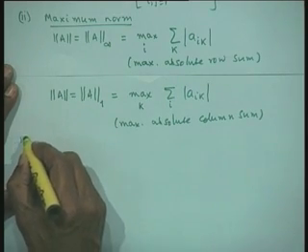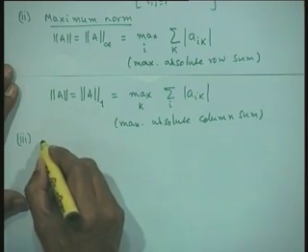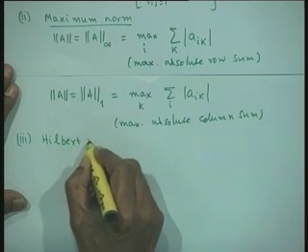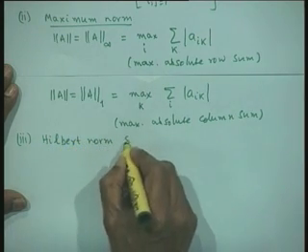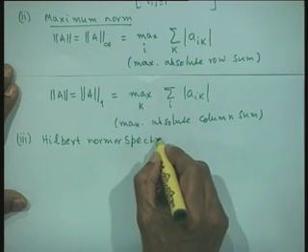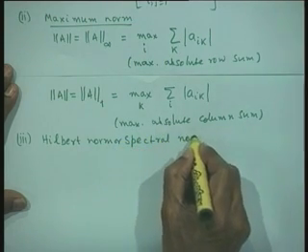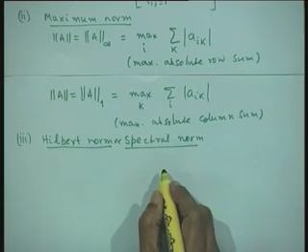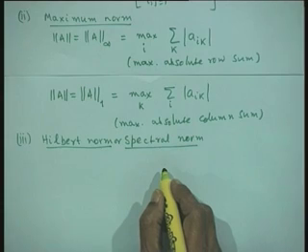And the third norm that we need is the one that we use very often. It is called the Hilbert norm, or also the spectral norm. More often we use it as the spectral norm.